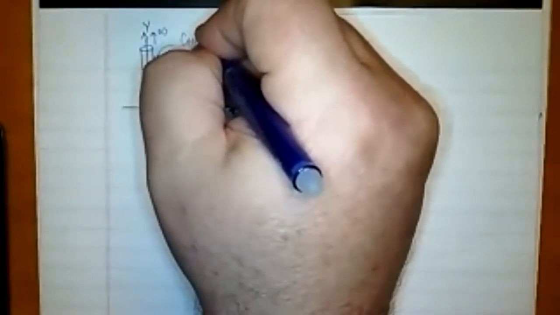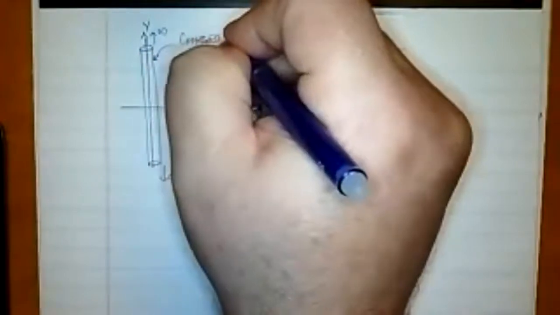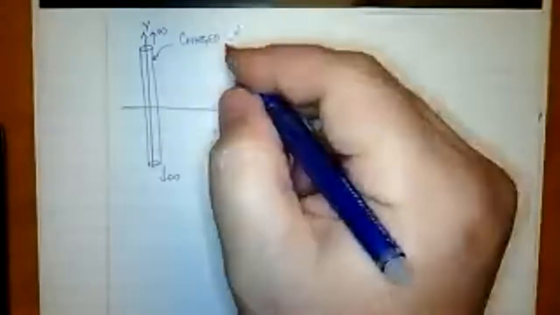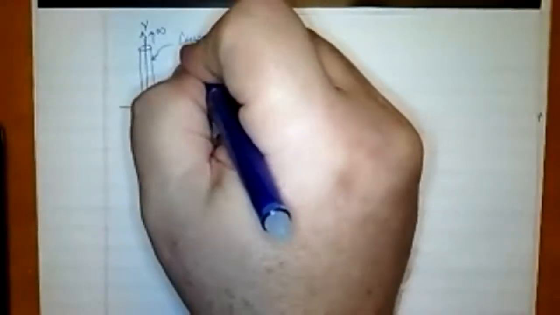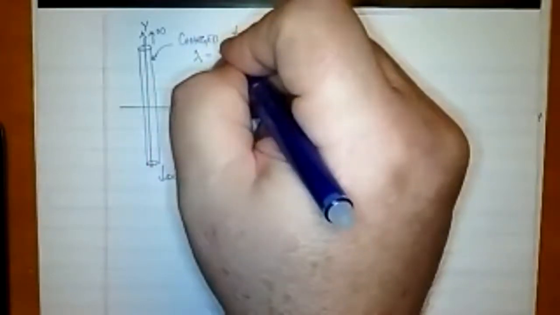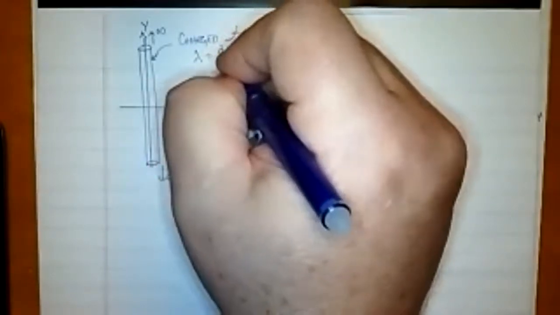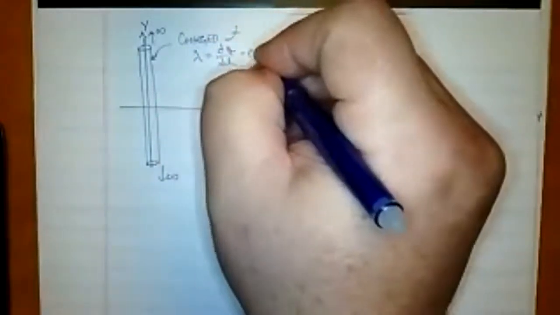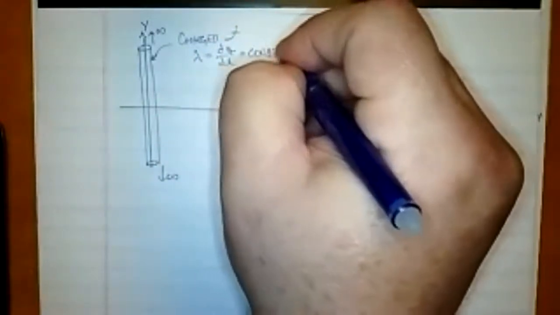And what I'm going to say is that this thing is charged such that, this is a neat mathematical symbol that the mathematicians use, this means "such that", lambda, which equals dq over dl, is a constant.